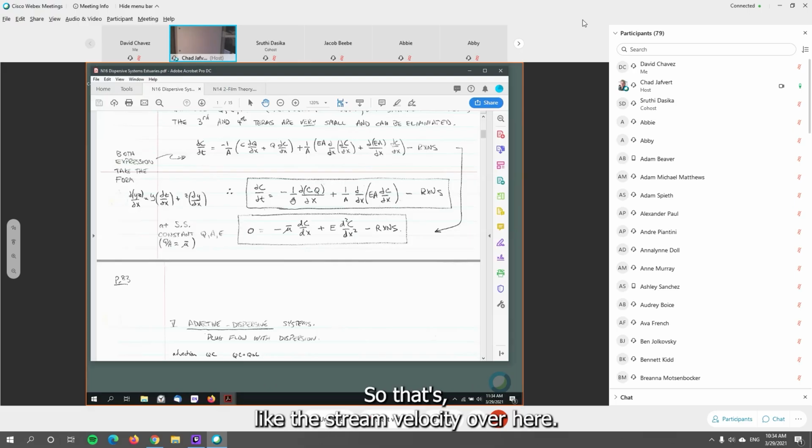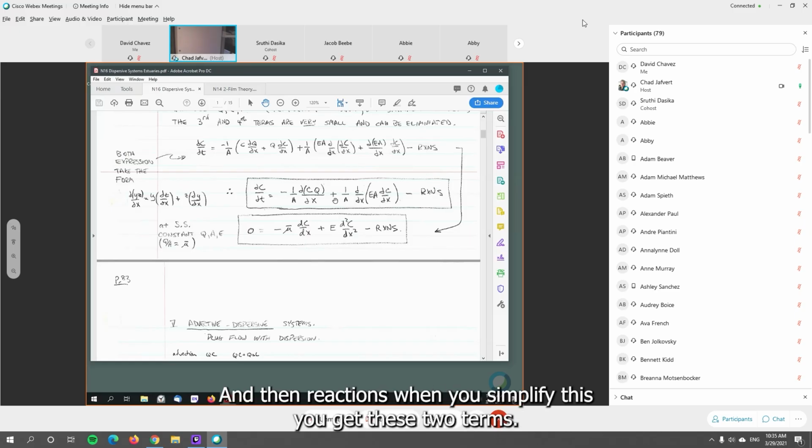So that's like a stream velocity. Over here, this is the diffusion term, and then you have reaction. So we have advective flow, dispersive flow, where E is the dispersion coefficient, and then reactions. When you simplify this, you get these two terms.